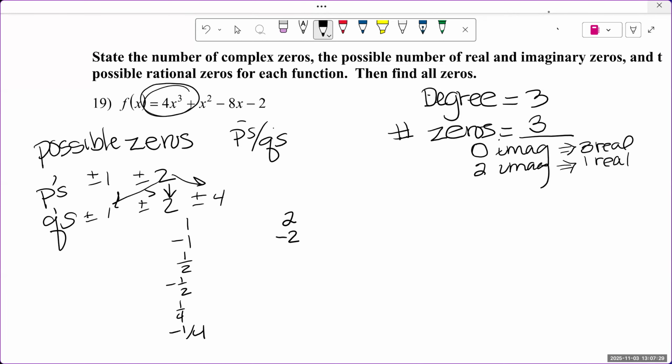Okay, so those are the possible rational zeros.